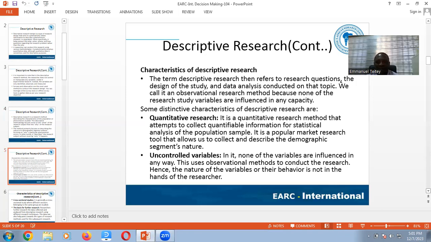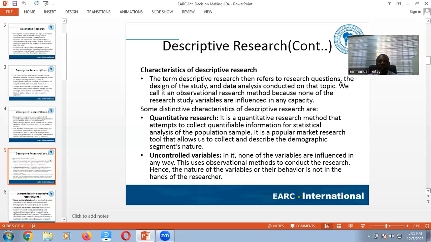Some distinctive characteristics of descriptive research are, first, quantitative research. It is a quantitative research method that attempts to collect quantitative information for statistical analysis of the population sample. It is a particular market research tool that allows us to collect and describe the demographic segment nature.